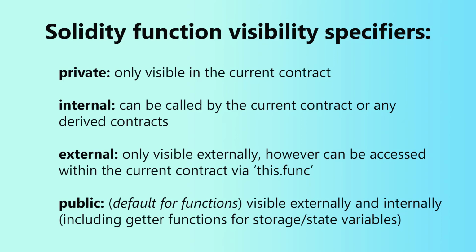So if you don't specify the visibility, then your function will be public, which means it's visible externally and internally, basically to everybody. And an example of this would be the getter functions that Solidity provides automatically whenever you declare a public state variable, which again, this is something we encountered in the Smart Contracts 101 video.